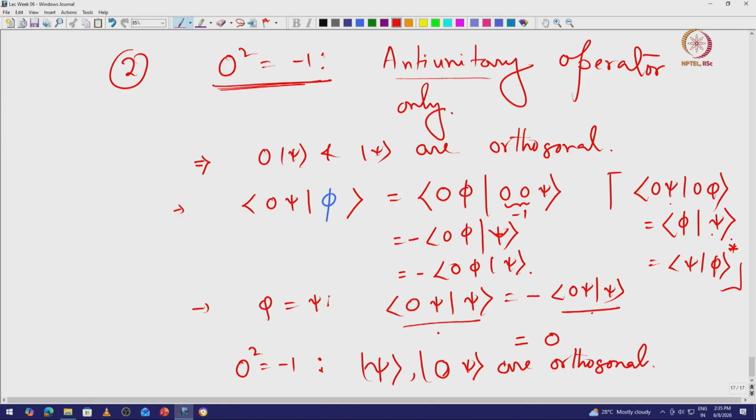orthogonal, and for the Hamiltonian case they are degenerate. This means psi degenerate for the Hamiltonian.